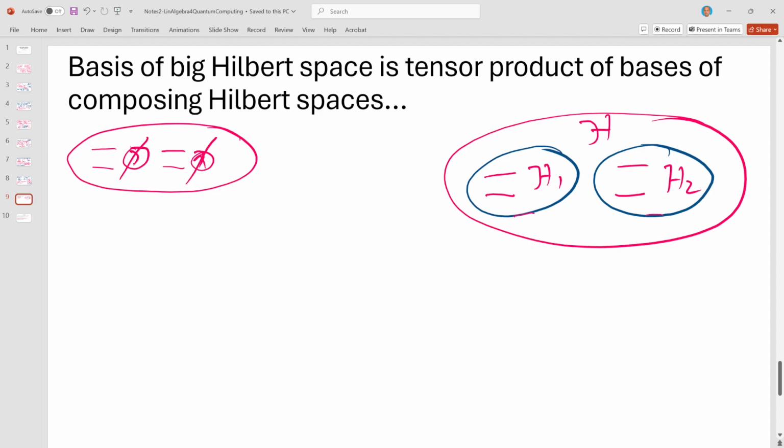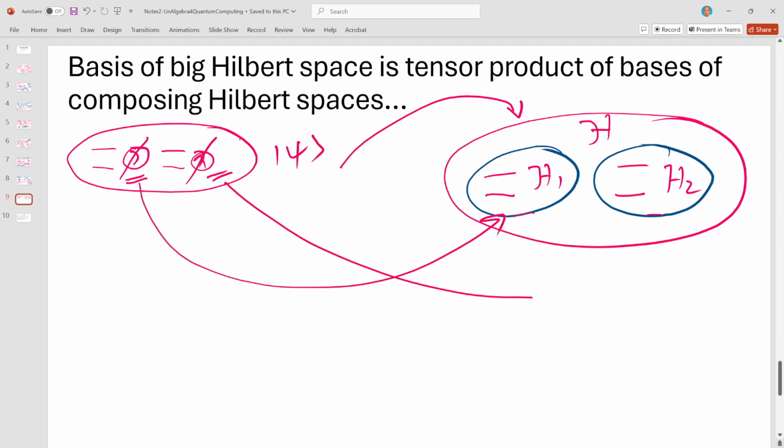So the joint state of these two electrons lives in a Hilbert space H, but the individual states of these electrons live in their own Hilbert spaces. So the joint Hilbert space can actually be expressed in terms of the individual Hilbert spaces.